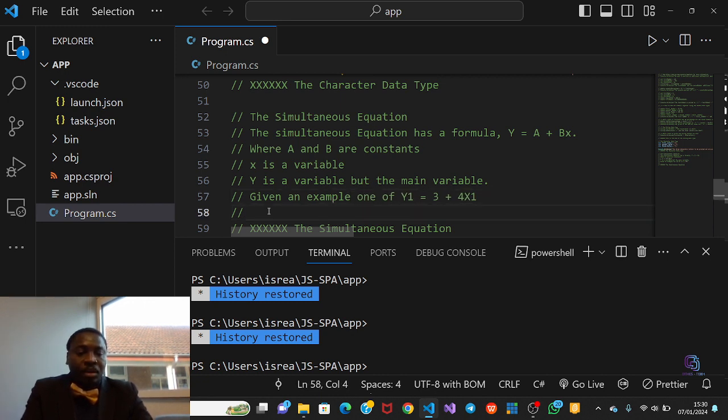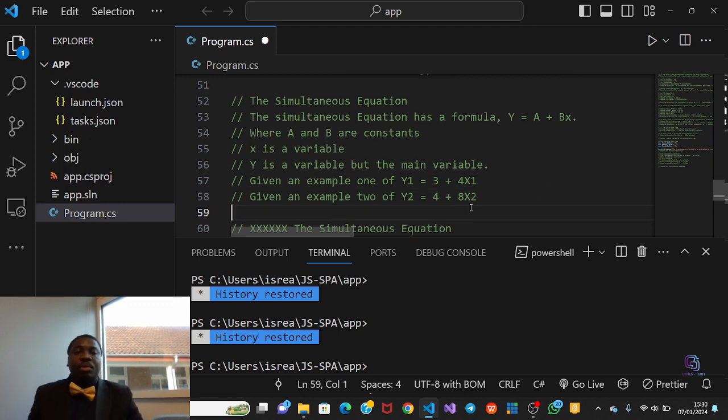So now, giving an example 2 of y2 is equal to 4 plus 8x2.